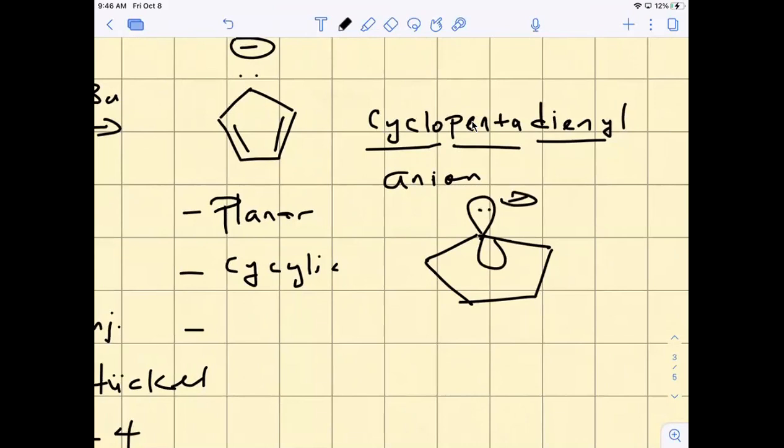So that's what my negative charge is coming from. And those are still there. So now, is it fully conjugated? Yes, it is. There's a p orbital on every carbon.